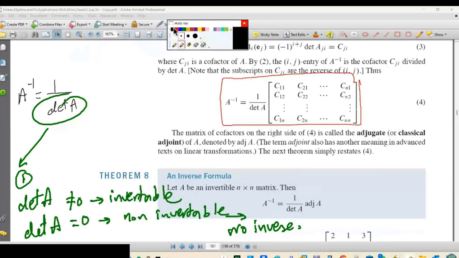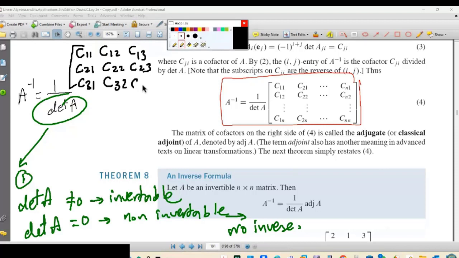We know the matrix. Matrix usually is like this. I will write it for you. It is C11, C12, C13, C21, C22, C23, C31, C32, C33. Correct?